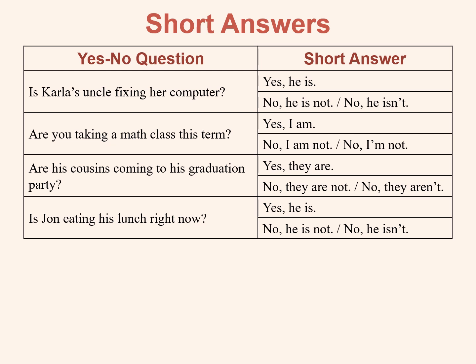Yes, they are, or no, they are not. Is John eating his lunch right now? Yes, he is. No, he is not. So these are examples of typical short answers to yes-no questions when the verb is in present continuous.